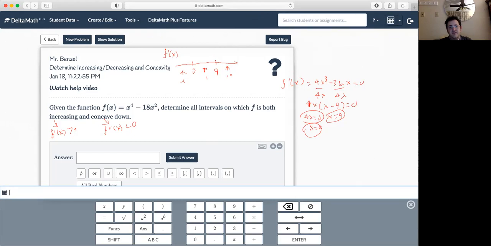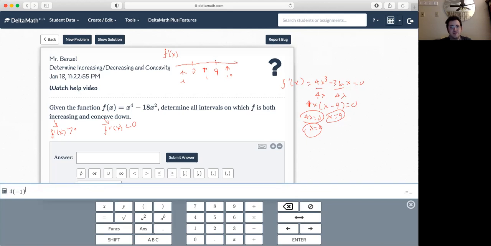So let's see, I have 4 times -1 cubed minus 36 times -1. So that's a 32. So that part is increasing. So we are good below 0 so far.